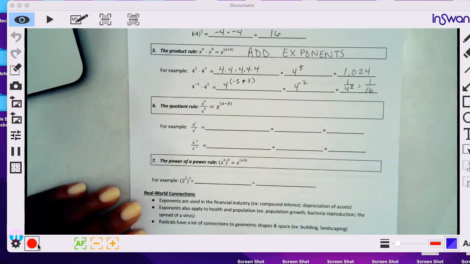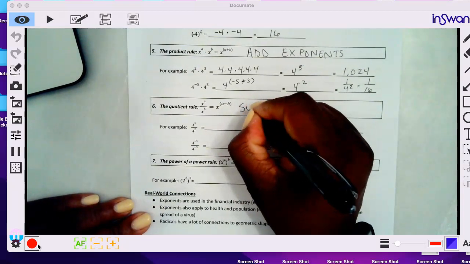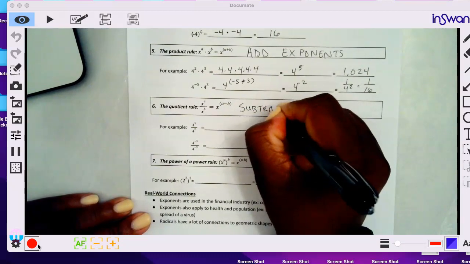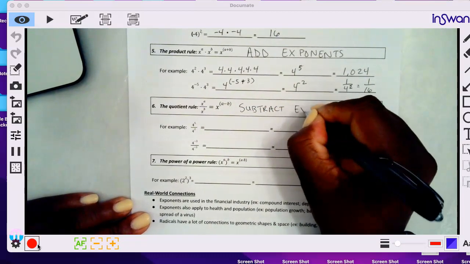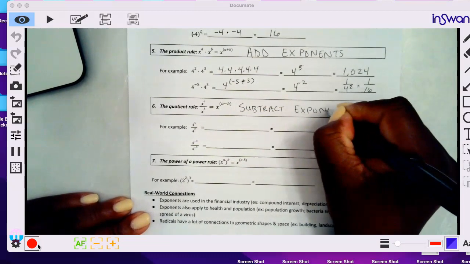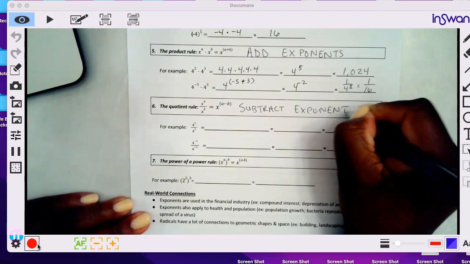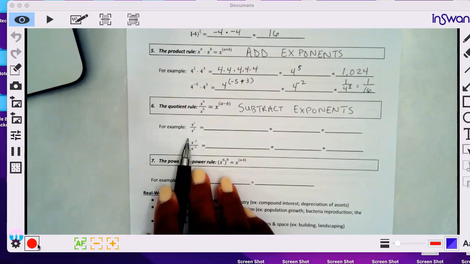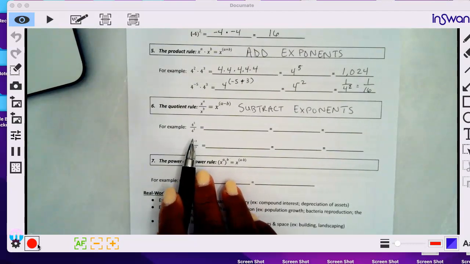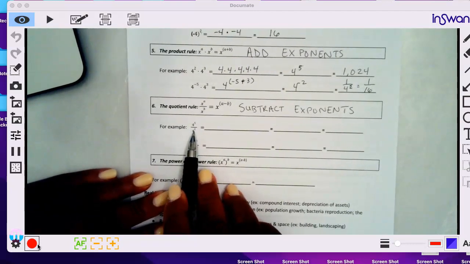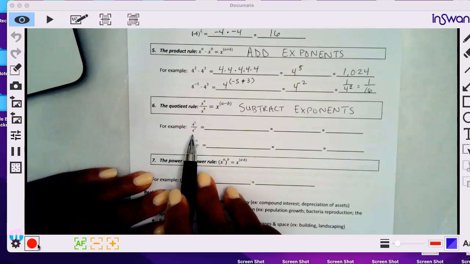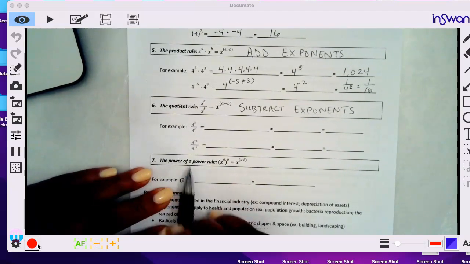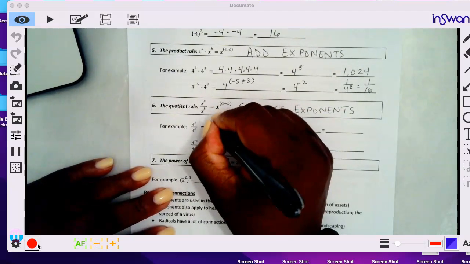The quotient rule. Here you're going to subtract your exponents. And you have 4 to the 5th power over 4 to the 2nd power. So another way you can do that, you have 4 5s on the top.